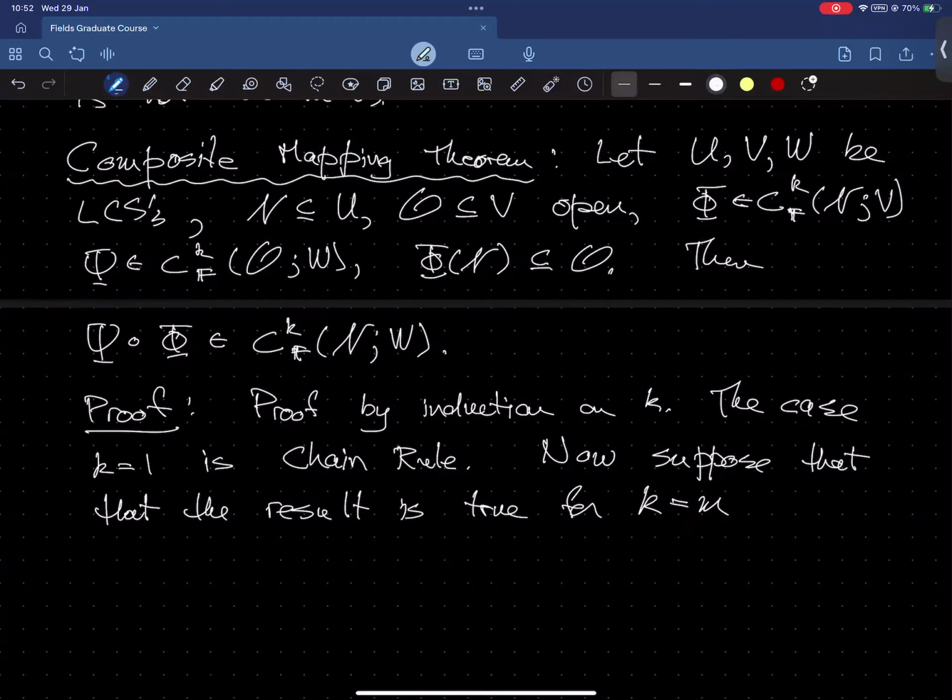And so I want to show that the same conclusion holds for k equals m plus 1. All right. And so I'm going to assume that phi and psi are of class Cm plus 1. Right, and then I need to prove that their composition is of class Cm plus 1.